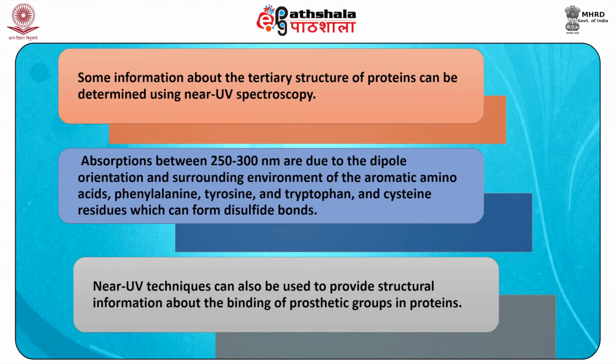Some information about the tertiary structure of proteins can be determined using near UV spectroscopy. Absorptions between 250 to 300 nanometers wavelength are due to the dipole orientation and surrounding environment of amino acid residues, namely the aromatic amino acid residues phenylalanine, tyrosine, tryptophan, and also to some extent cysteine residues which can form disulfide bonds.